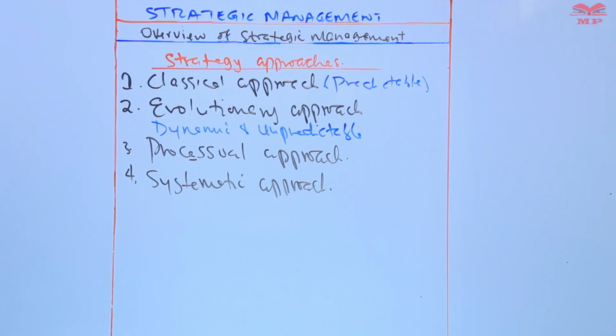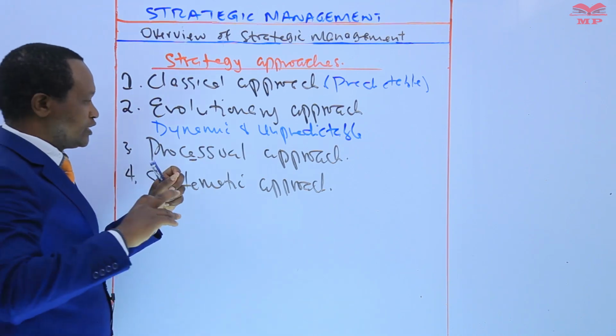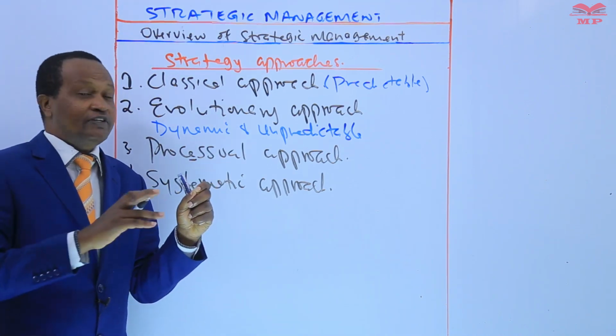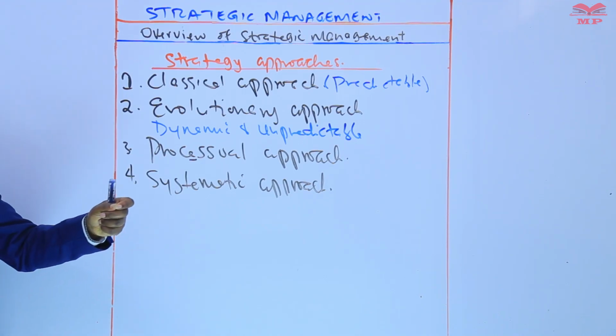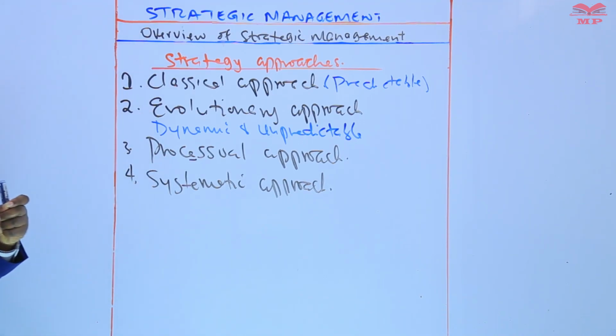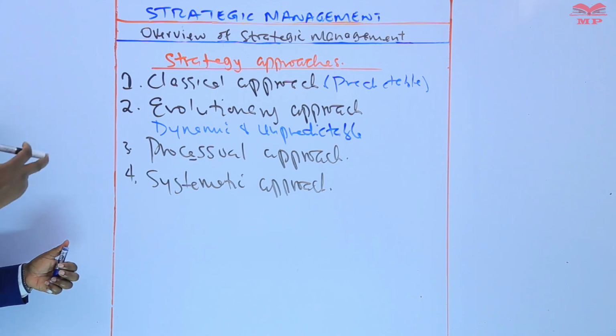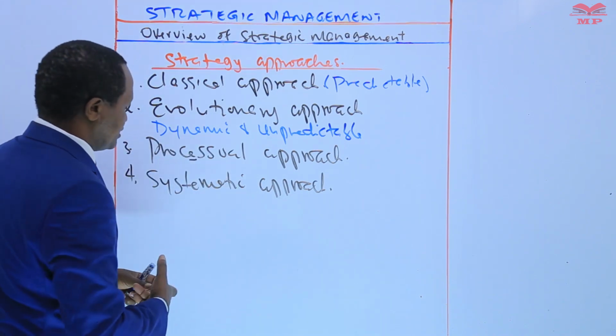And it is particularly relevant in the international business context, where cultural differences and institutional constraints can significantly impact strategic decisions. So that is the systematic approach. It views strategy as embedded within the broader social and economic systems.